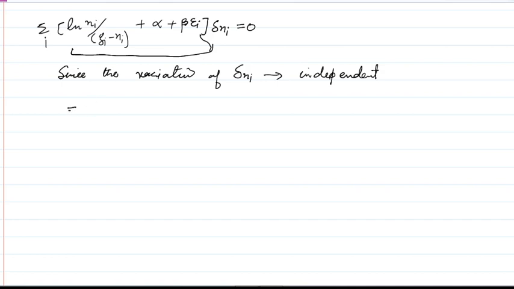So we can write, it implies that ln of Ni upon Gi minus Ni plus alpha plus beta Ei will be equal to 0.